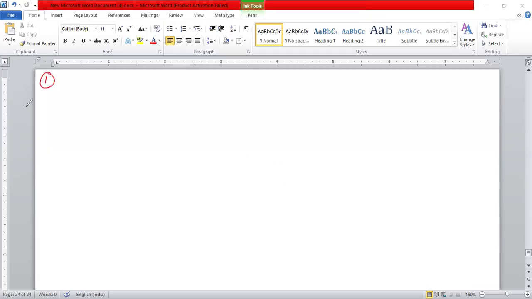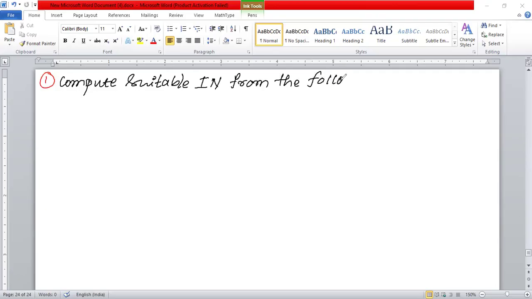Ready for the first question today? Compute the suitable index number from the following data, and comment.